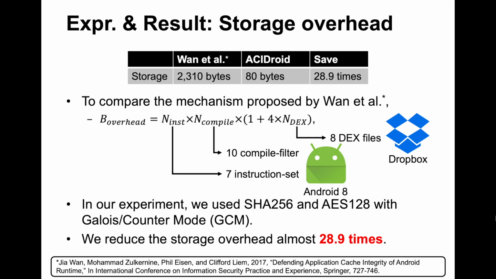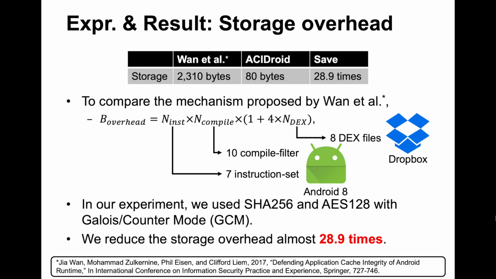The storage overhead is shown in this table. We calculated the storage overhead of the existing method. We assume that the application is the booking app, which has 8 text files. Android is version 8, which has 10 compile filters.